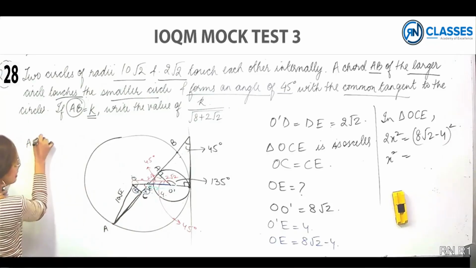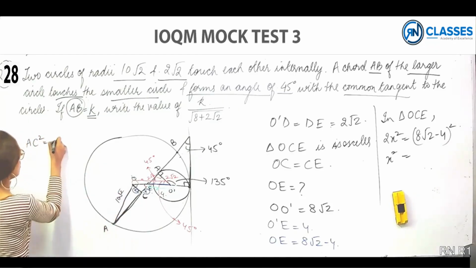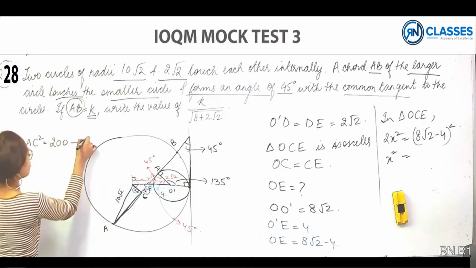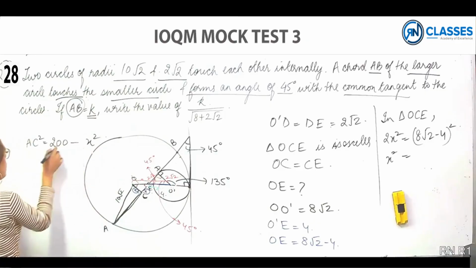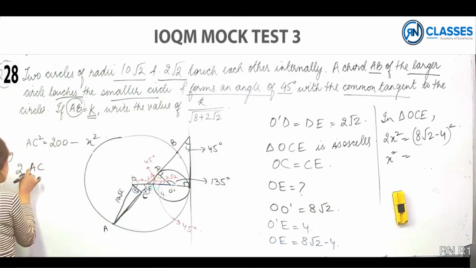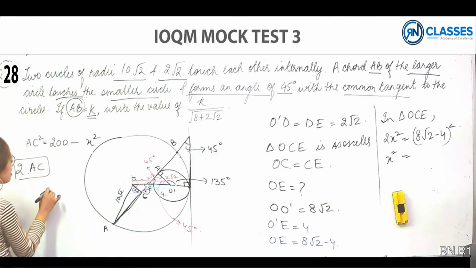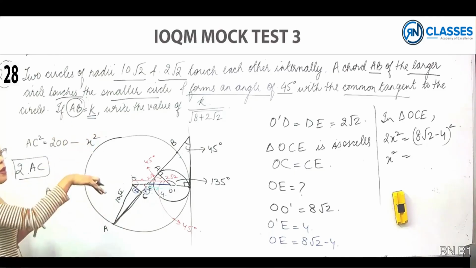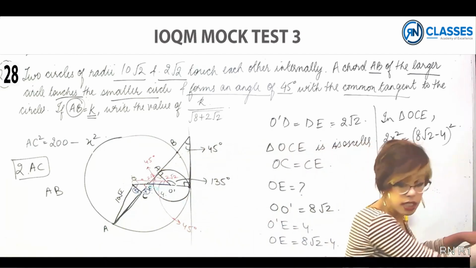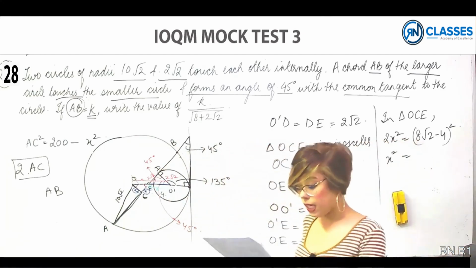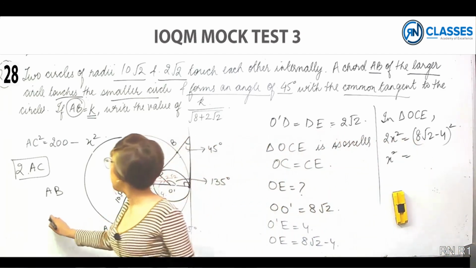So AC square is actually nothing but this square, which is 200, minus OC square, which is X square. Get X square from here, put it here, get the value of AC, double it up, and you will get the value of AB. Then divide it by square root of A plus 2 root 2. It is not that hard. You have to do it. The answer will turn out to be 0, 8.